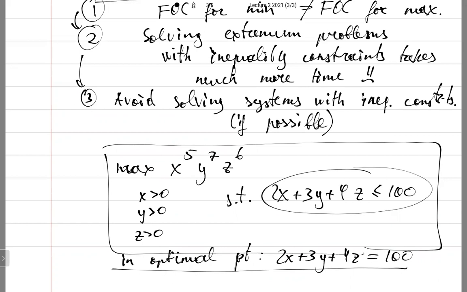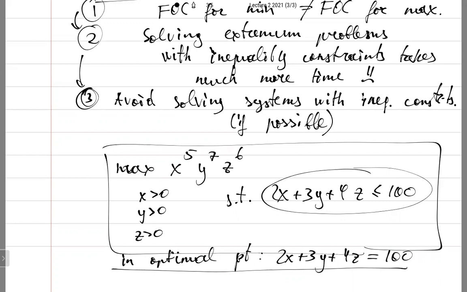So this is very important advice. When you can see from the statement of the problem that the inequality is satisfied with equality at the optimum point, then just replace the inequality constraint by an equality constraint if that's possible. You will save a lot of time and greatly reduce the probability of arithmetic errors.